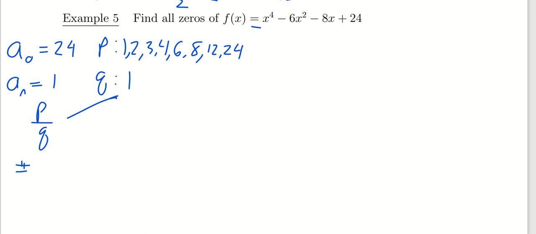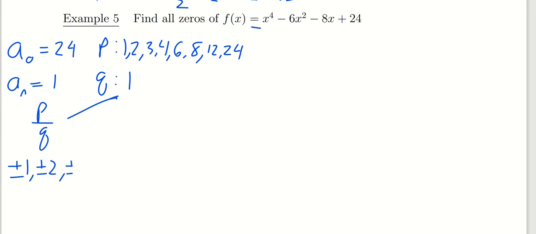It's going to be plus or minus 1, plus or minus 2, plus or minus 3, plus or minus 4, plus or minus 6, plus or minus 8, plus or minus 12, and plus or minus 24.